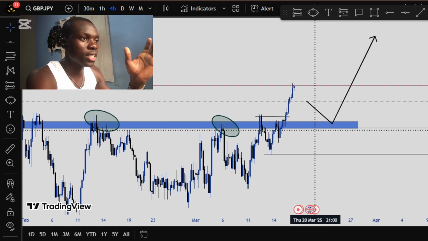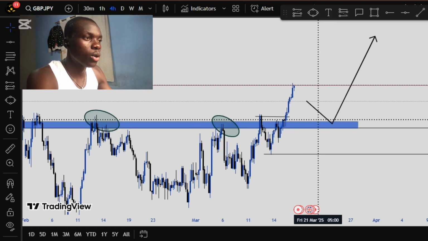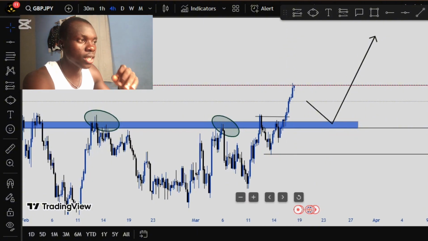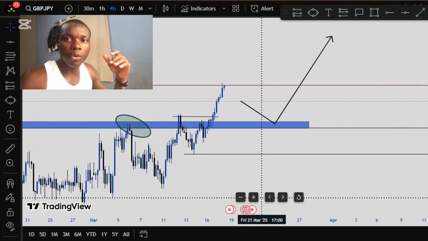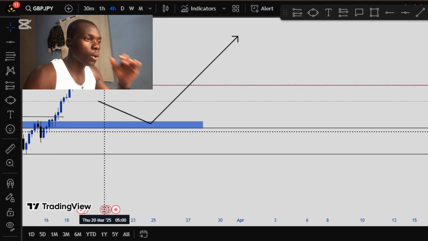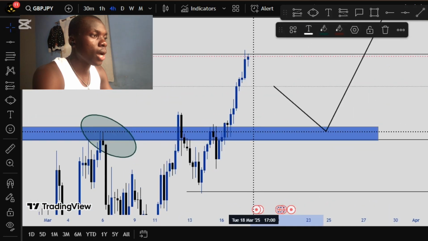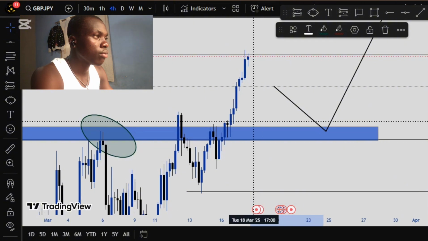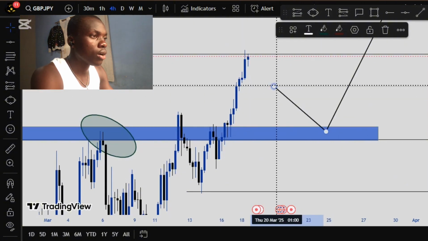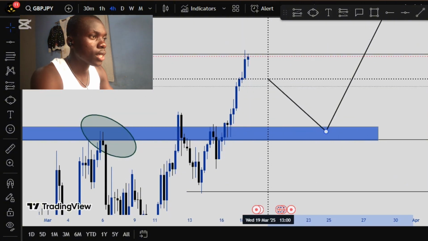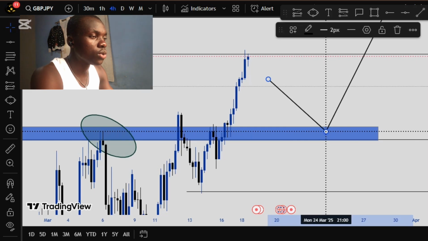We are not going to buy from this high, because if we buy from the high, we are not going to get much gain, and what we want is our profits. We want much profit, so we are going to buy low and sell high. This is what I'm waiting for right now. I'm going long once I see the market tap in this zone.